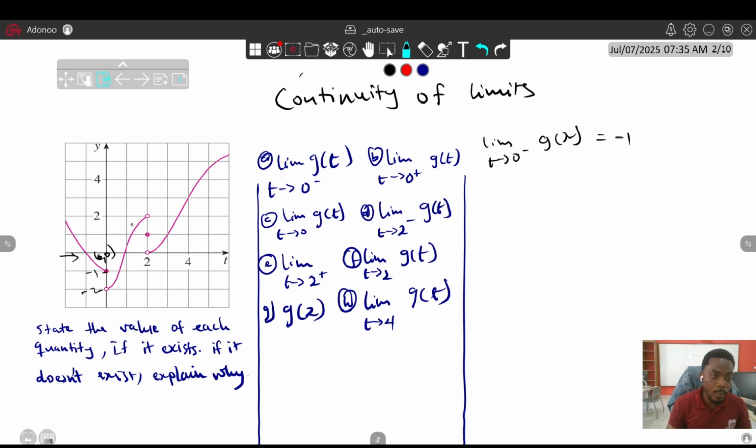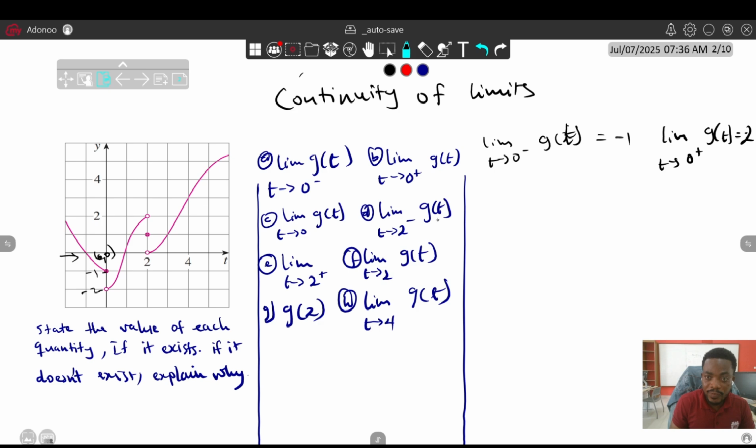Okay, so as we approach 0 from the right, this curve definitely approaches -2. Okay, so from the right we have the limit as t approaches 0 from the right, g of t approaches -2. Okay, great.